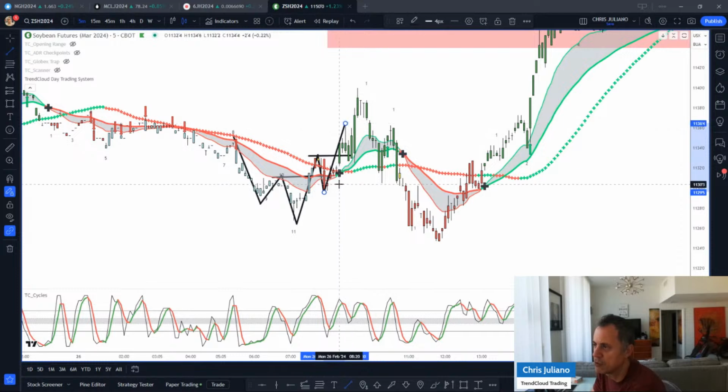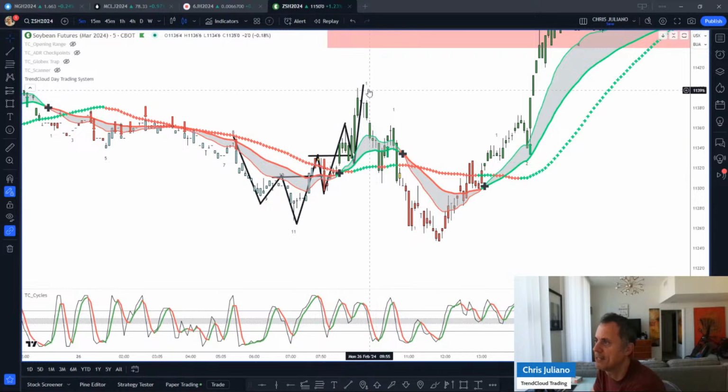Gives you the crossover symbol, that plus sign right there. Pulls back, finds support, makes another move up, okay? And then it wants to pull all the way back down and retest. But those would have been your two entries. Make a little bit of money, and then it pulls back down.